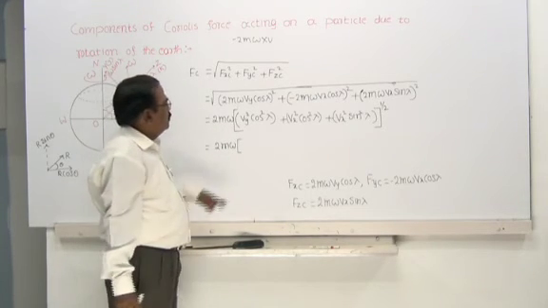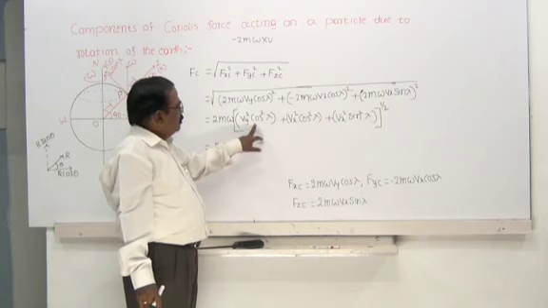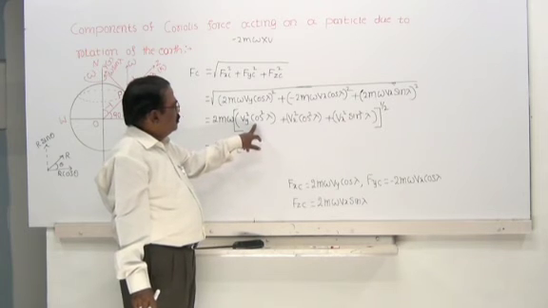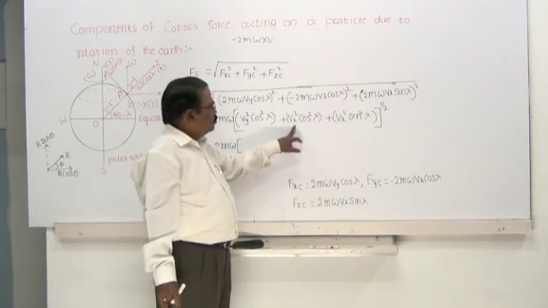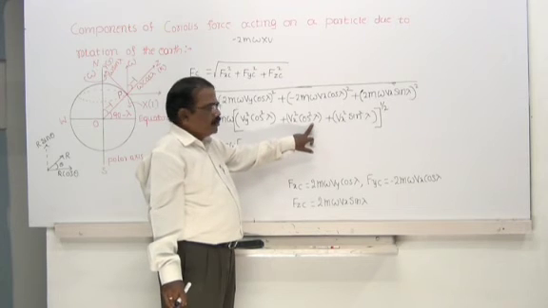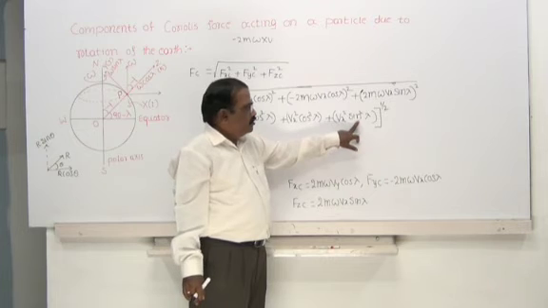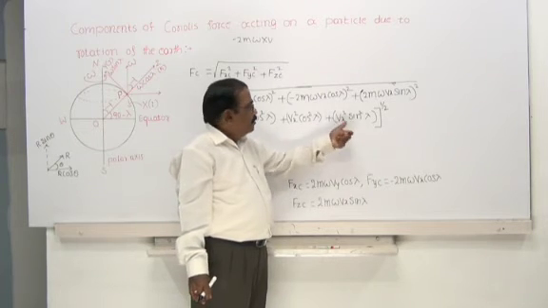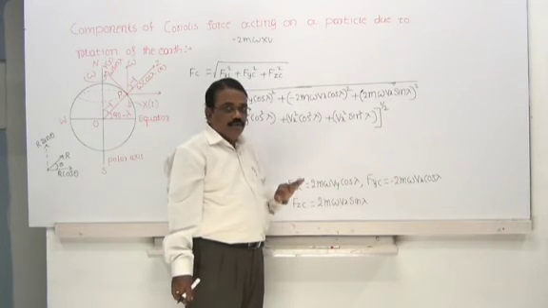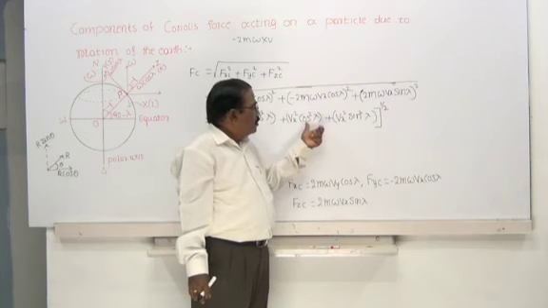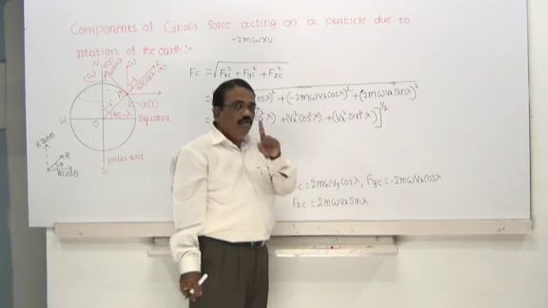See here. It is Vy square cos square lambda, Vx square sin square lambda. Take Vx square outside. Cos square theta plus sin square theta is equal to 1.